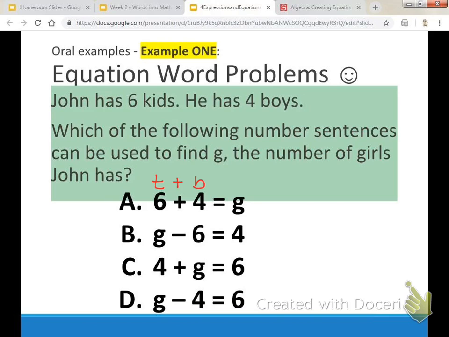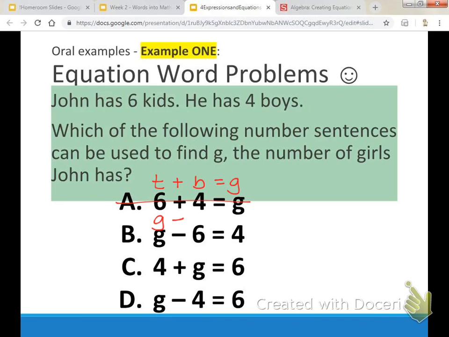The number of boys. And G stands for girls, right? So would it make sense to add the total plus the boys and get the number of girls? No, that doesn't make sense, right? The total plus boys is going to give us more. So we know that it is not answer choice A. Okay, let's look at answer choice B. So G stands for girls.